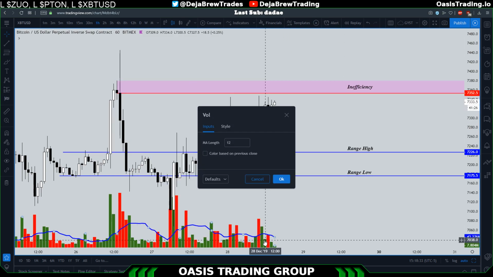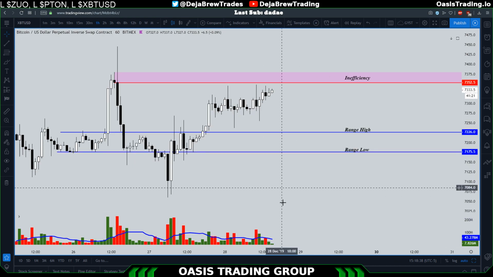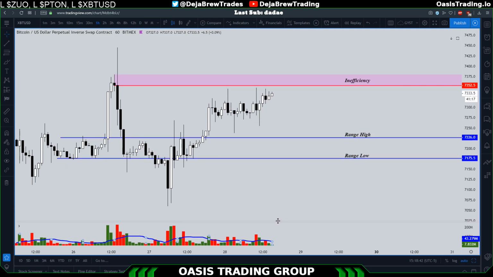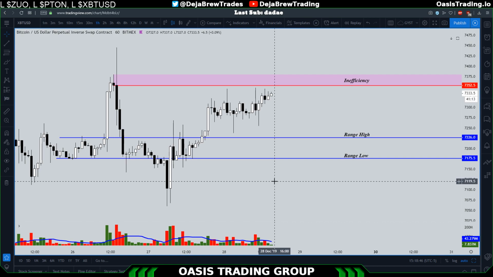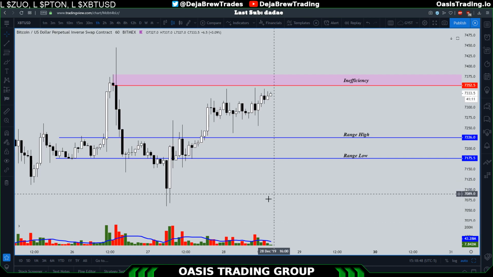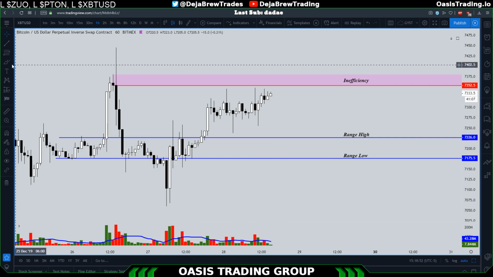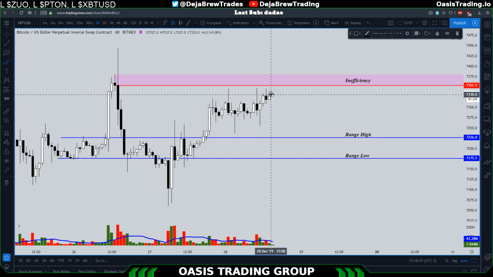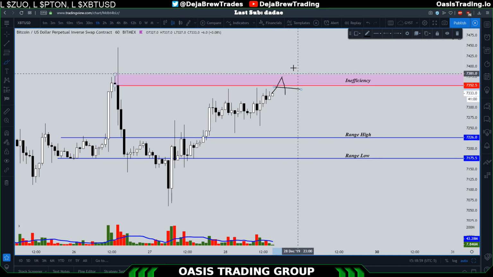Pull up the volume here. Not seeing any buyers come in towards this high, which is basically what we want to see. I do want to see one little spike of buyers, and then you want to see the sellers nuke it.